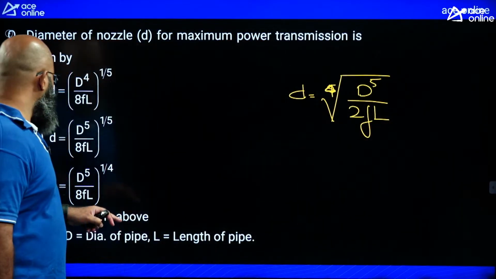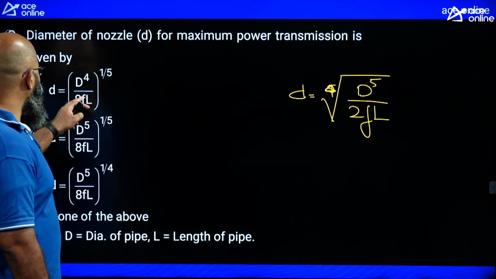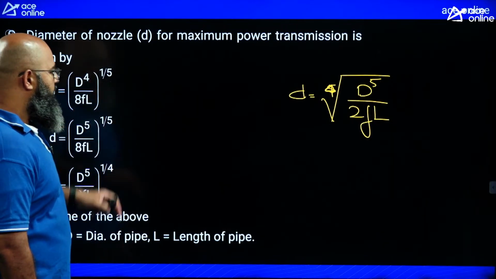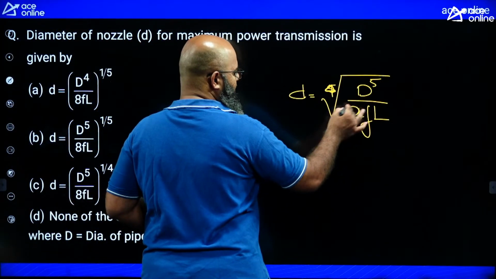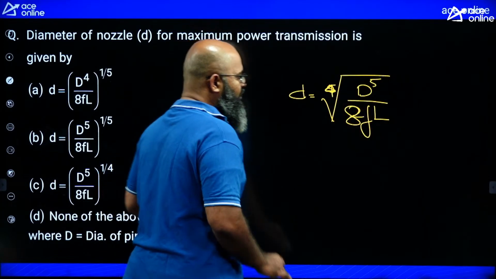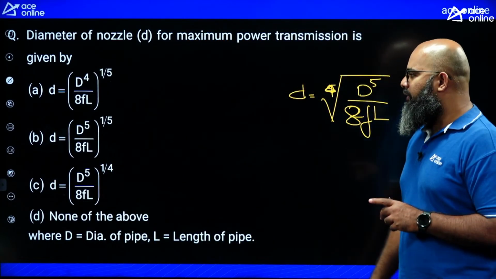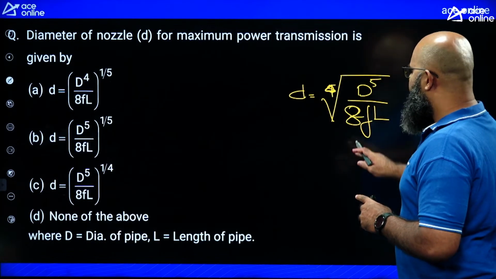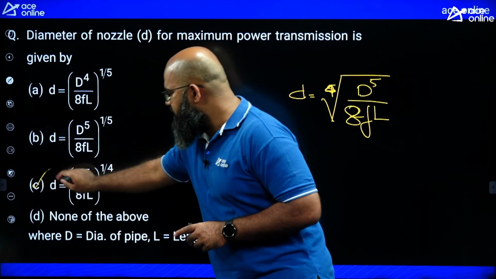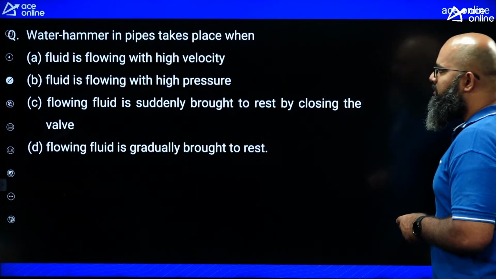But you see, he is using over here F as coefficient of friction. If he uses F as coefficient of friction, I'll take 8 over here. So it is equal to fourth root of capital D power phi upon 8 times FL. The correct answer is option D over here.